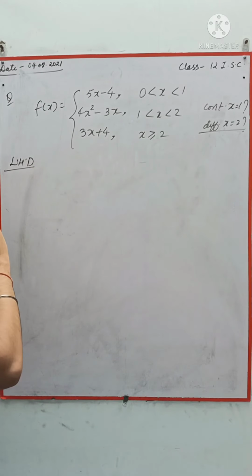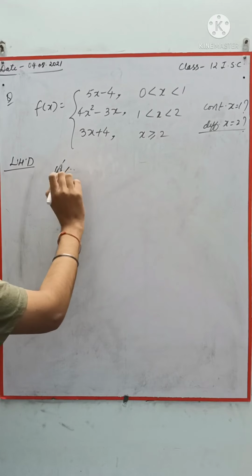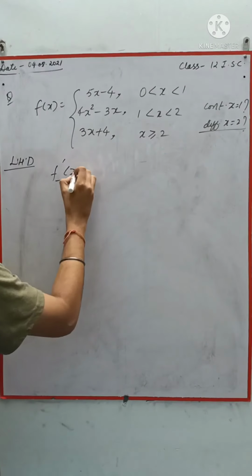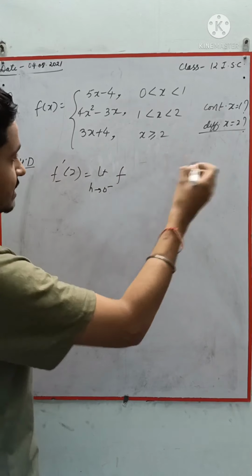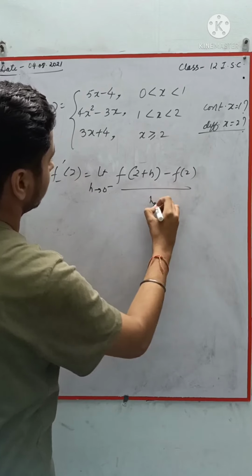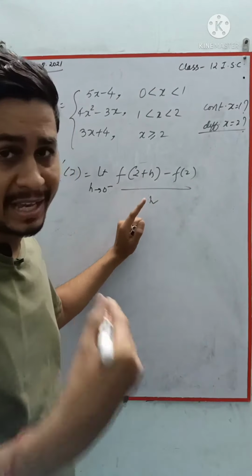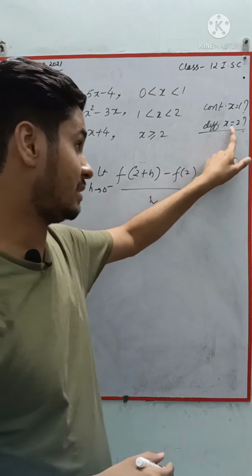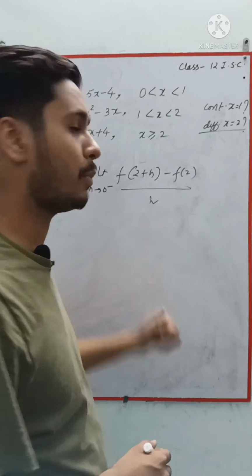For LHD it will be f dash of 2, limit h tends to 0 minus, f(x plus h), now it will be f(2 plus h) minus f(2) upon h. Okay, why 2 plus h have I written? We are writing x plus h, but we are given x equal to 2, so that is f(2 plus h) minus f(2) upon h.